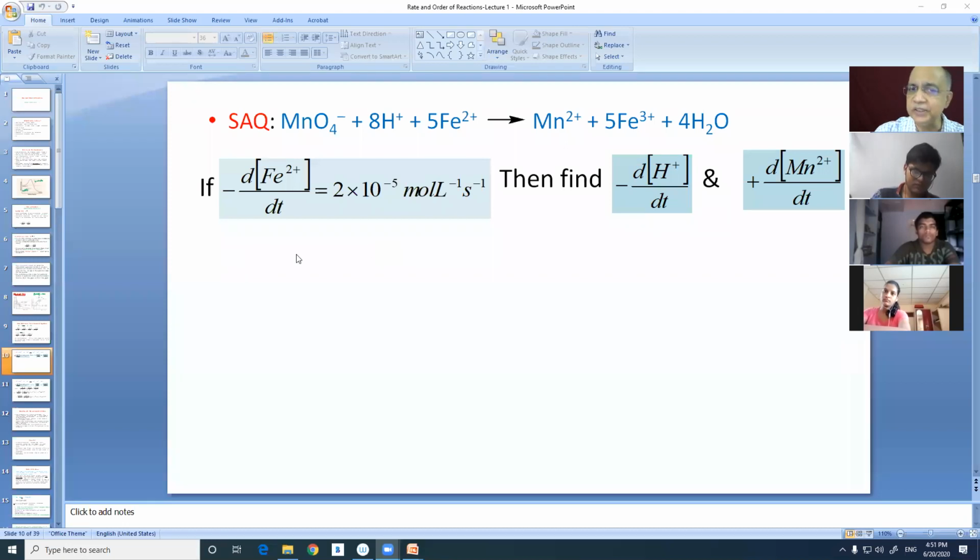And what is given? The instantaneous rate of disappearance of ferrous ion with respect to time, since it is a reactant, minus sign is there, is 2 into 10 to the minus 5 moles per liter per second, or capital M per second. Then find minus d[H plus] by dt, the disappearance of hydrogen ion with respect to time, and the formation of manganese ion with respect to time.